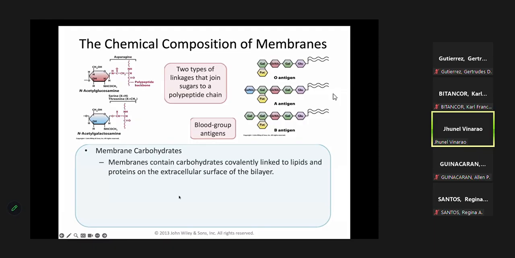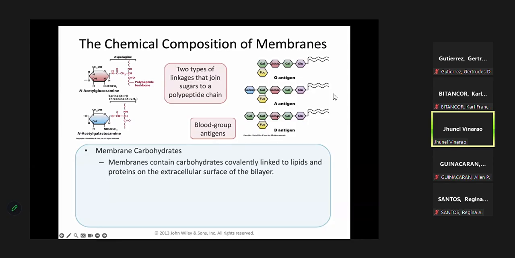The difference between the A antigen and the B antigen is that at the terminal end, the A antigen has an acetyl galactosamine, meaning the amino acid that mediates the interaction is either serine or threonine.